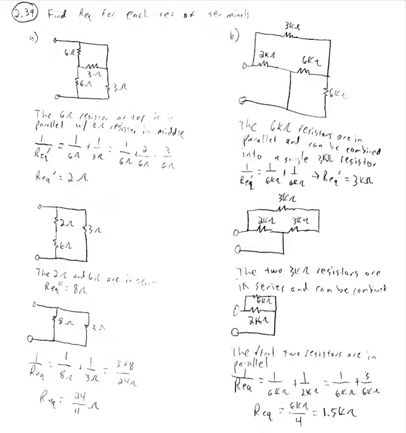I find a common denominator to be 6 ohms here. And so I ultimately use that to say, okay, 1 over 6 ohm plus 2 over 6 ohm gives me 3 over 6 ohms. And if I were to flip that back around to get REQ prime, I would find that the equivalent resistance for a 6 ohm resistor in parallel with 3 ohms is in fact 2 ohms.